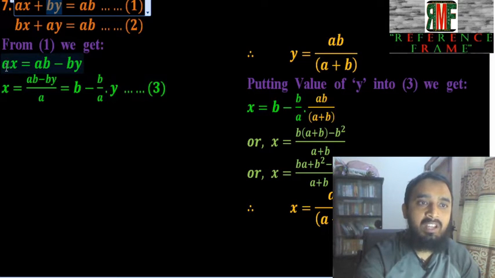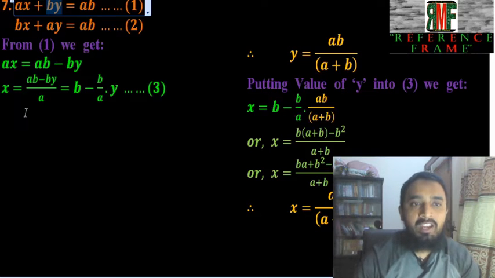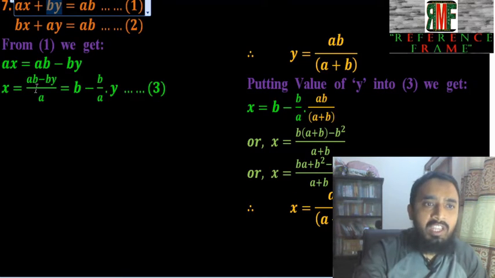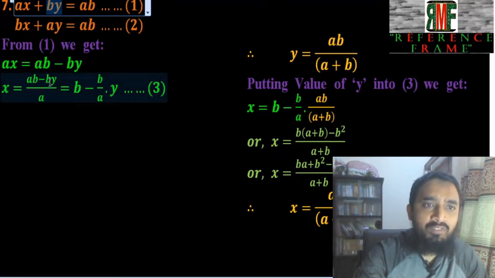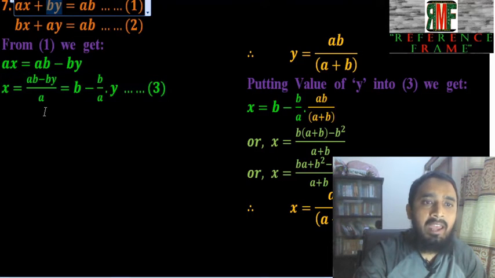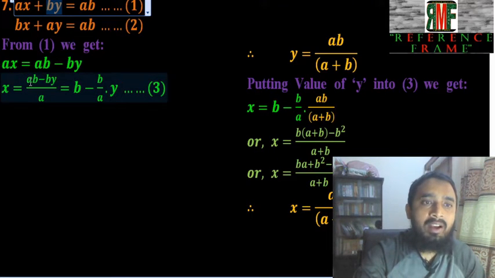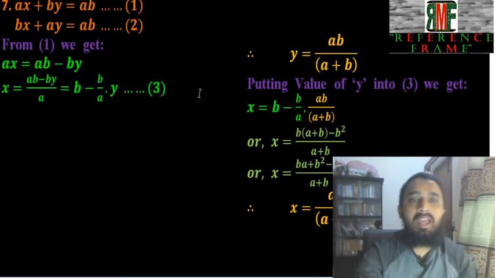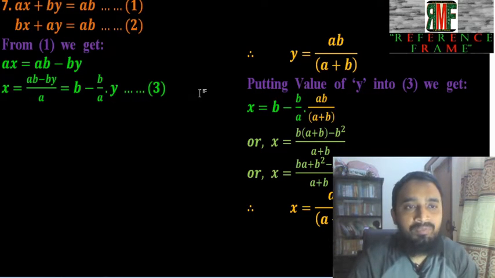because a is in multiplication form. When you change a side, that will be division. So if we write it down by splitting the fraction, ab by a, where a is omitted, we're going to have b only, and minus b by a into y. There it is. So again we get the third equation.